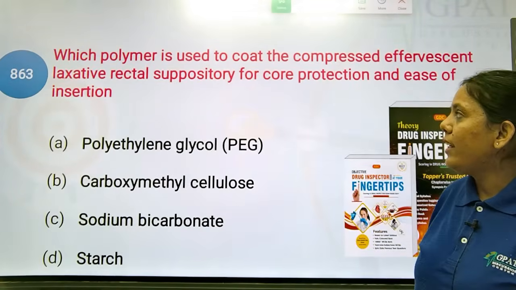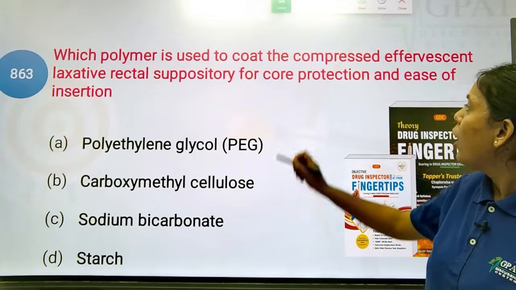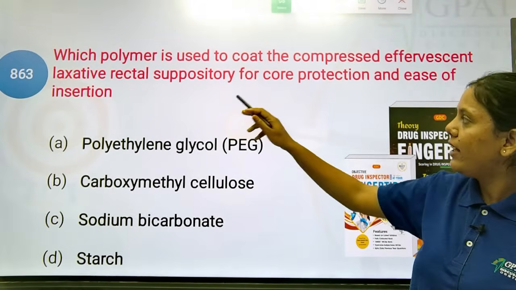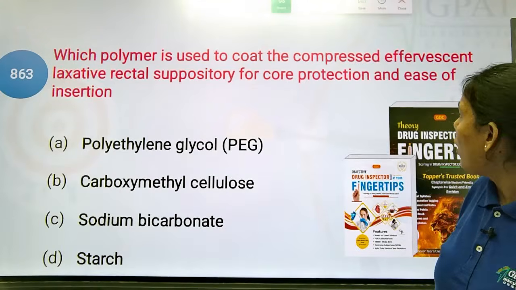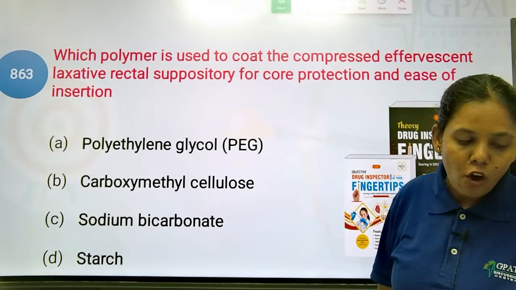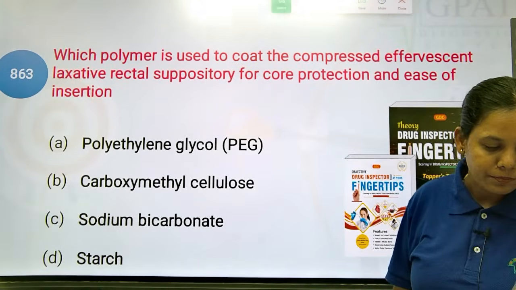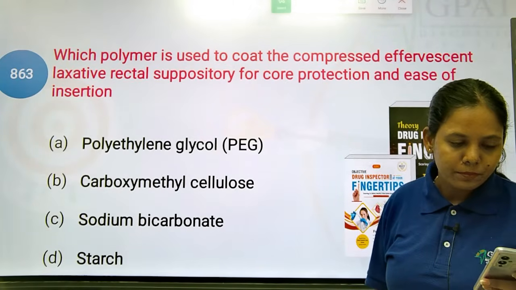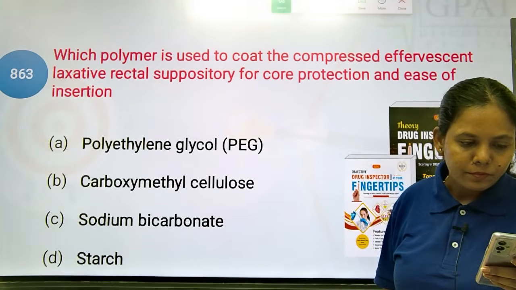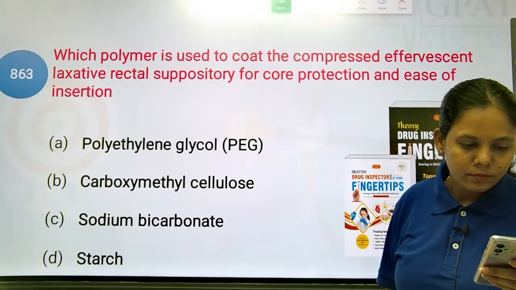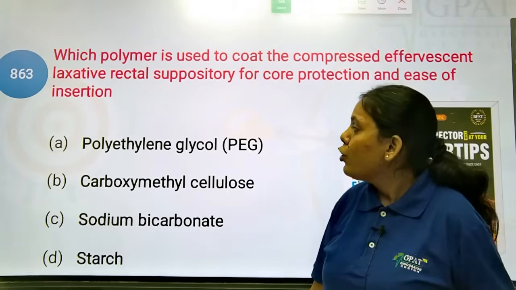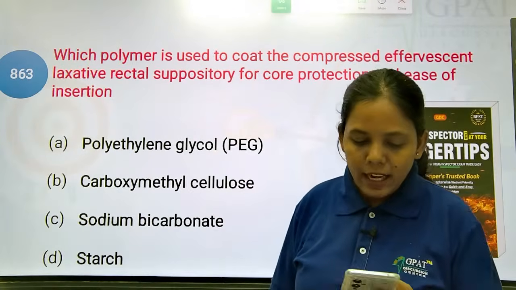So next question is, which polymer is used to coat the compressed effervescent laxative rectal suppository for core protection and ease of insertion? Basically, they are asking which polymer you will use for the coating. So whenever we are giving coating, there are 2-3 purposes.